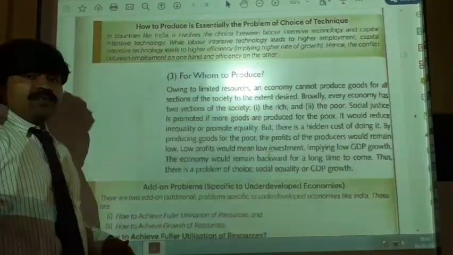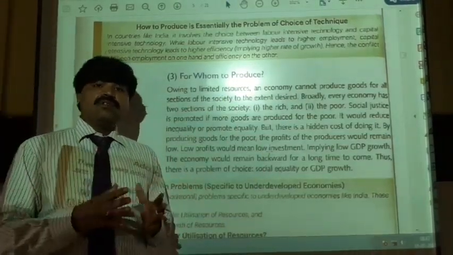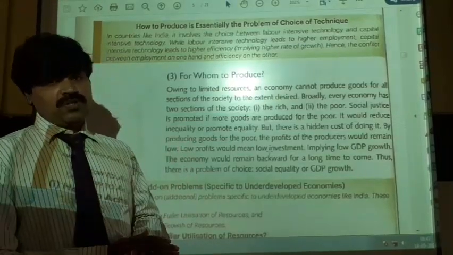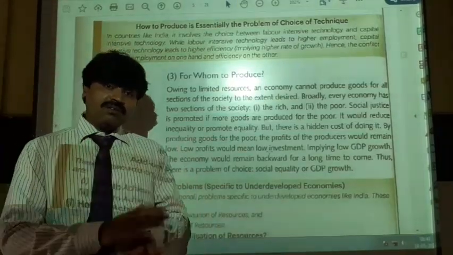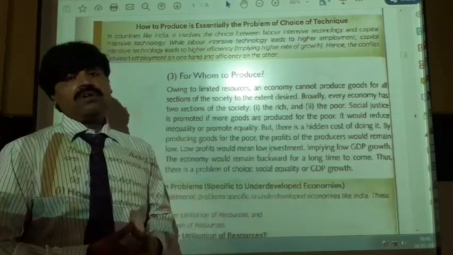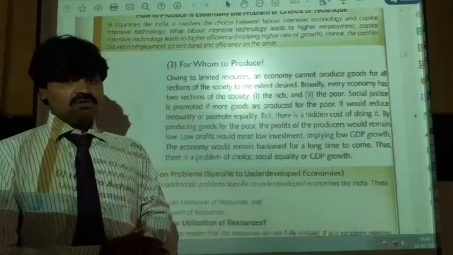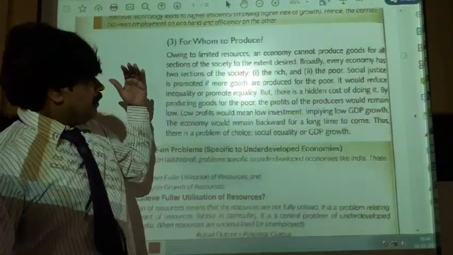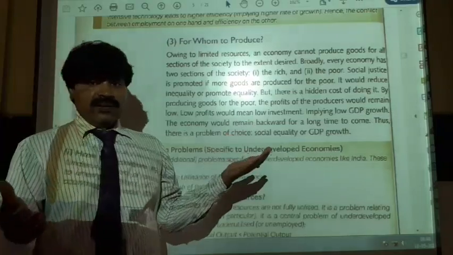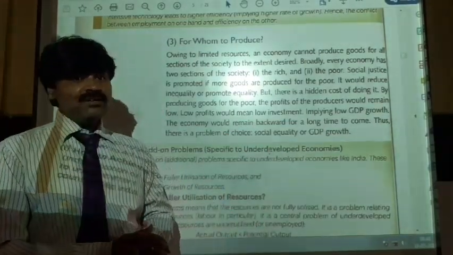The problem of for whom to produce is related to the problem of distribution. How the goods and services and resources should be distributed among the different sections of society. In a country, there are mainly a richer section and a poorer section of society.